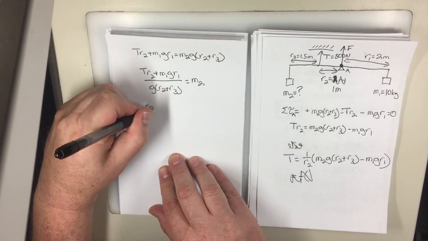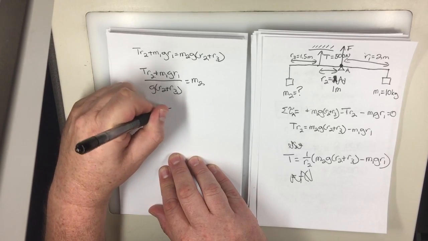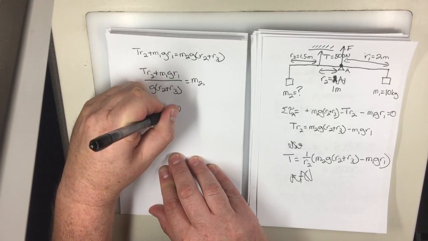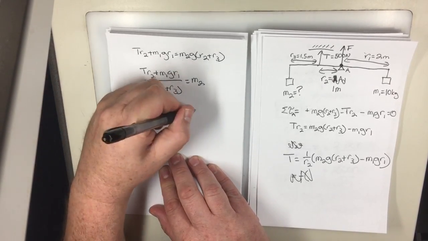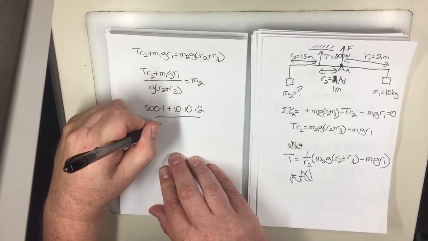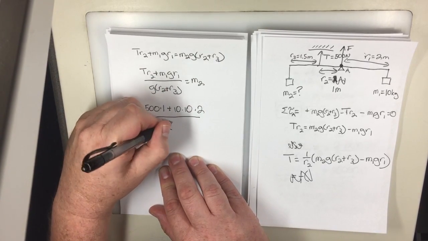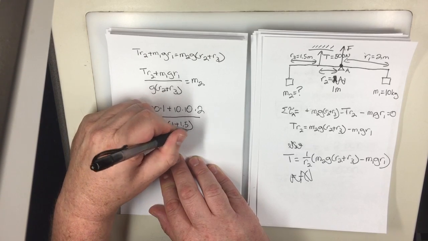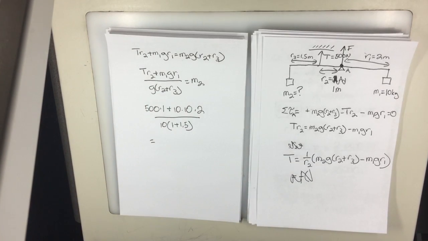So that makes it 500, 1, 10, 10, 2, 10, 1 plus 1.5. Did I get all the signs right? I think I did. 500 plus 200, minus, or not minus.